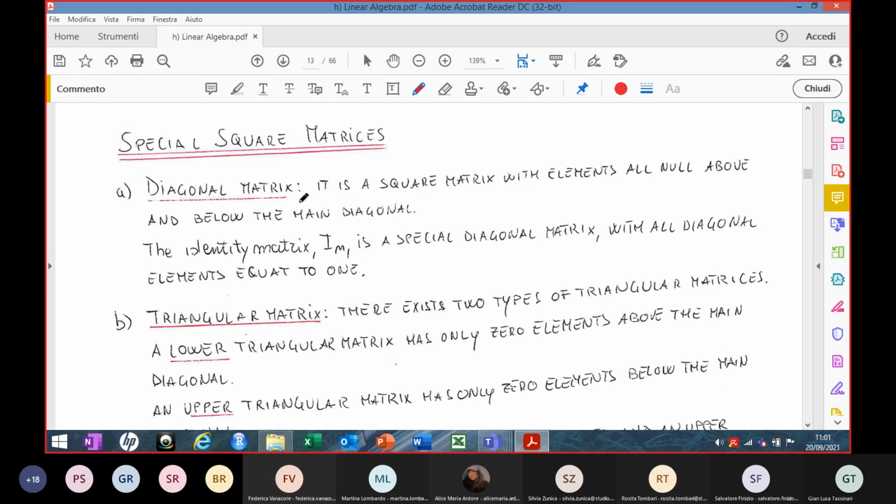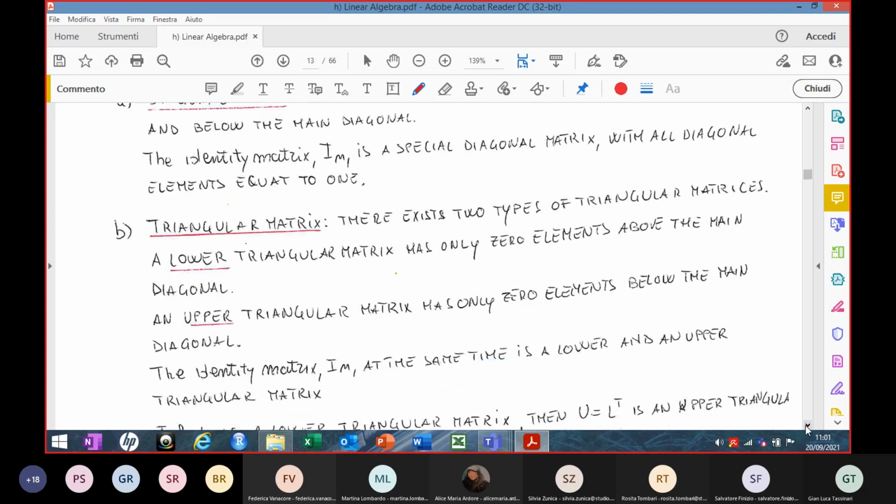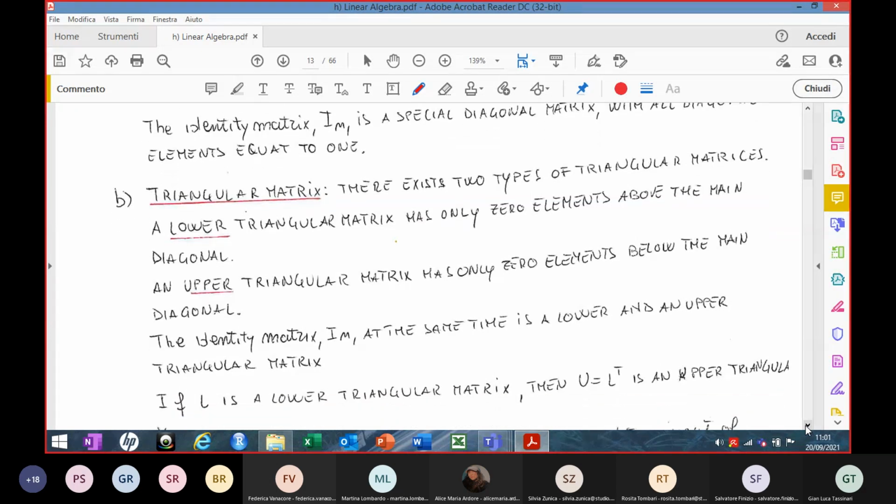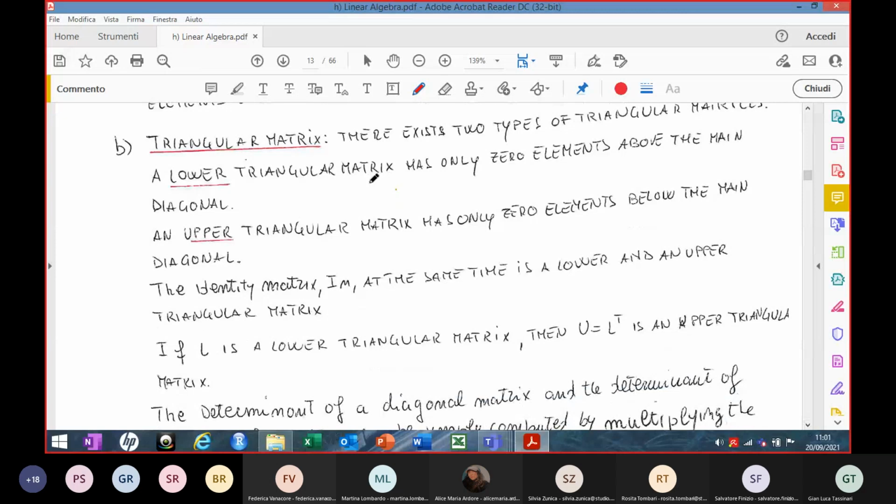One example we have already seen is the identity matrix, because the identity matrix is a matrix such that all the diagonal elements are equal to 1, but all the elements outside of the main diagonal are equal to 0. Then another special case are the triangular matrices, which are still, I repeat, square matrices, and we have two types of triangular matrices: lower triangular matrices and upper triangular matrices.